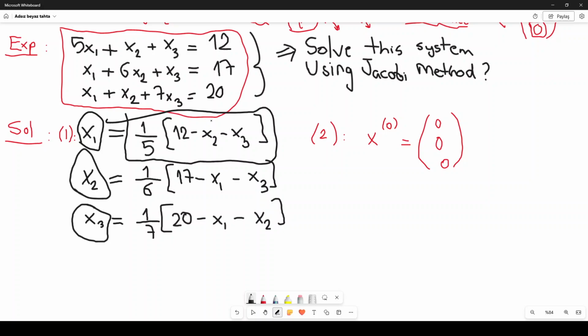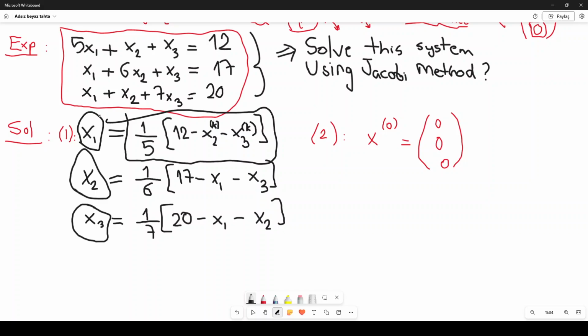So here don't forget to put to the power of each unknown variable the number of iteration, just to represent the number of iteration. For instance, in the first equation, as you notice, I write k, which represents nothing but the kth iteration.